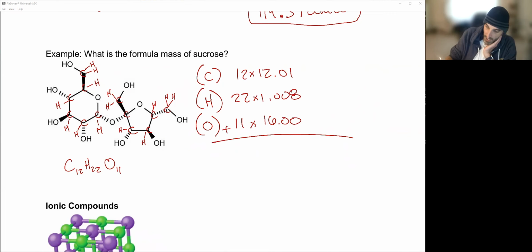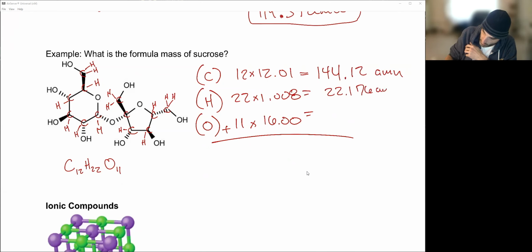All right, so there we go. I think what we're going to do is do this and then add them together. 12.01 times 12 gives me 144.12 AMU. Next, 22 times 1.008 gives me 22.176 AMU.